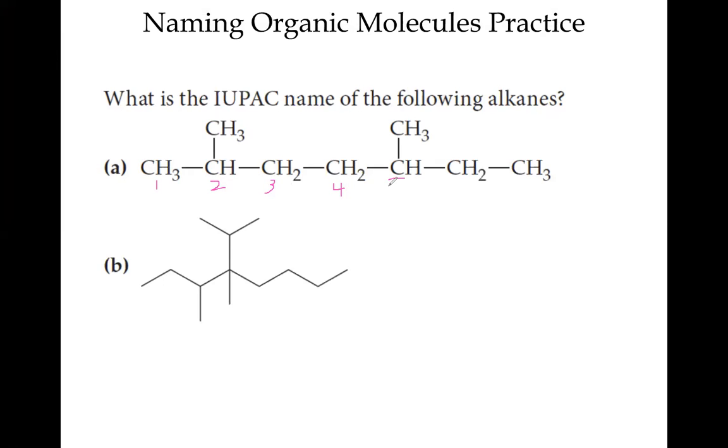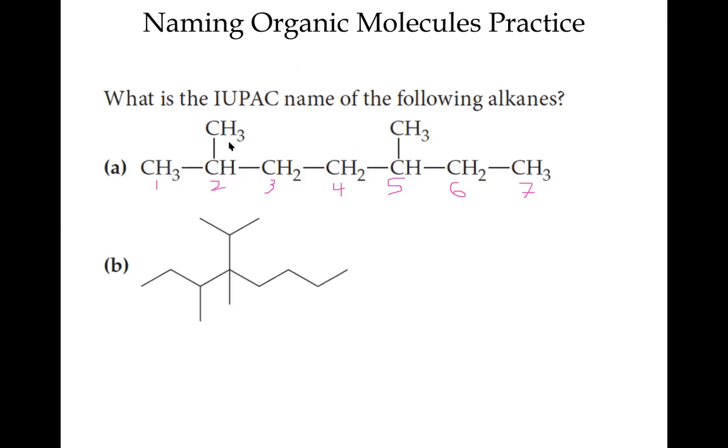Why am I numbering it left to right? Well, because that allows me to have the second carbon with a substituent, right? If we numbered it right to left, it would be 1, 2, 3. But in this case, it's just 1, 2. So that's the way we number it.